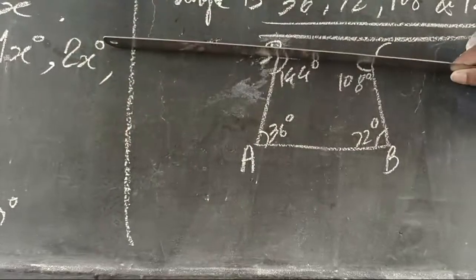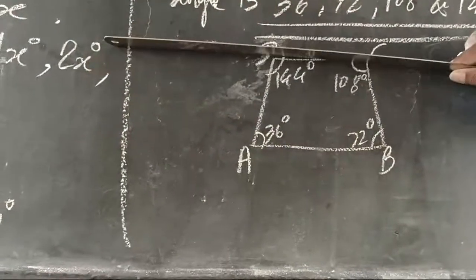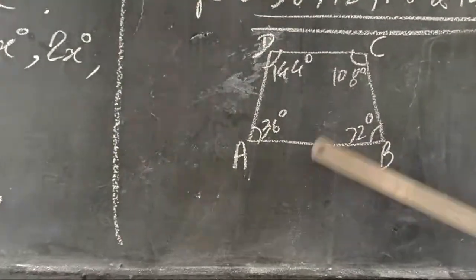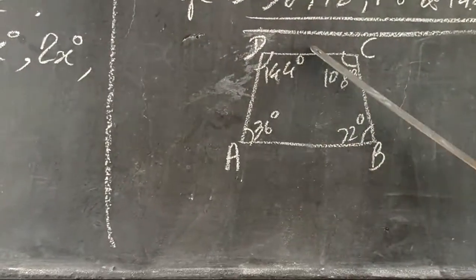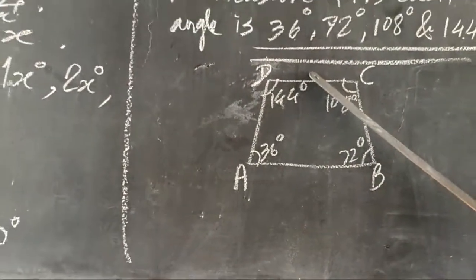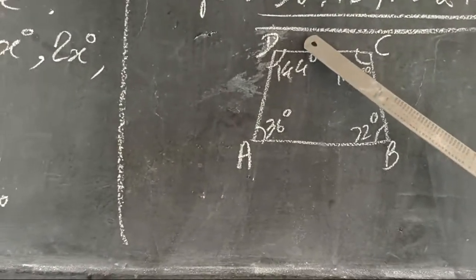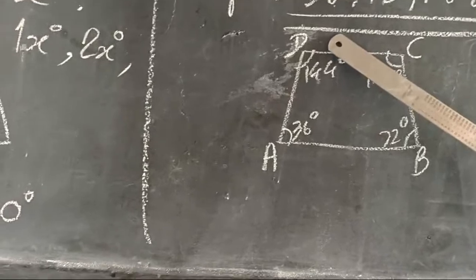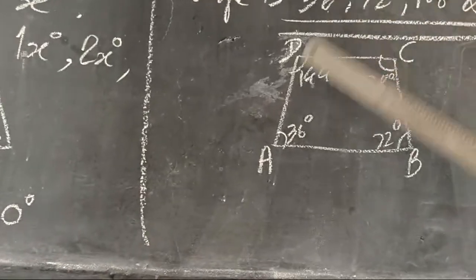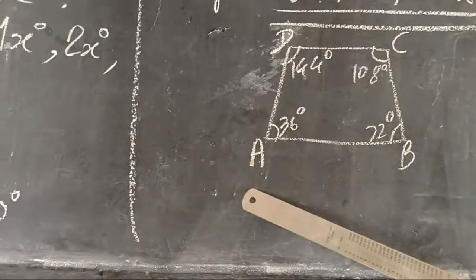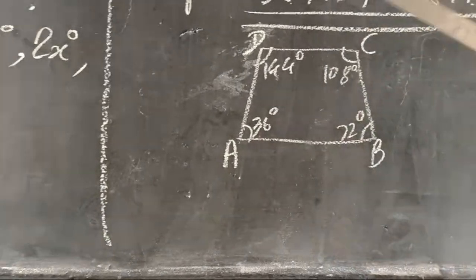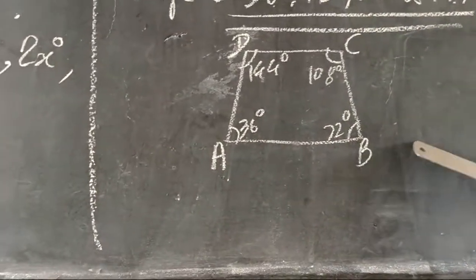These two lines we show parallel. Then take a transversal. Which are the transversals? Good. Segment AD is a transversal and segment CB is also a transversal.